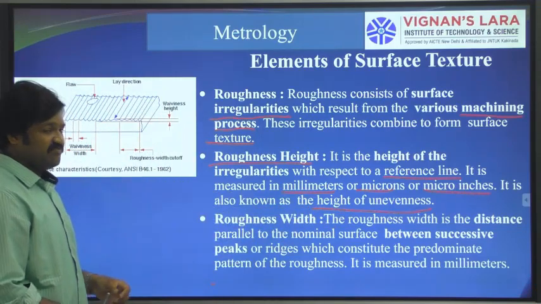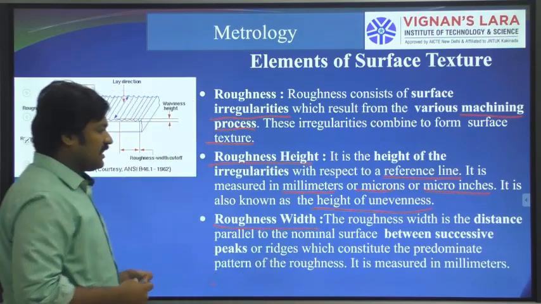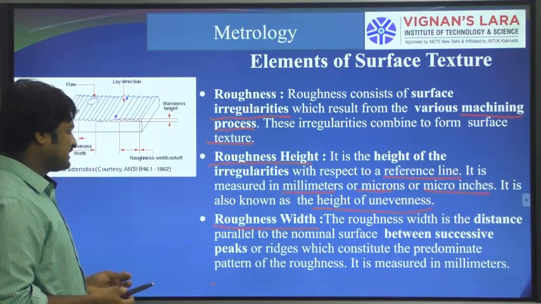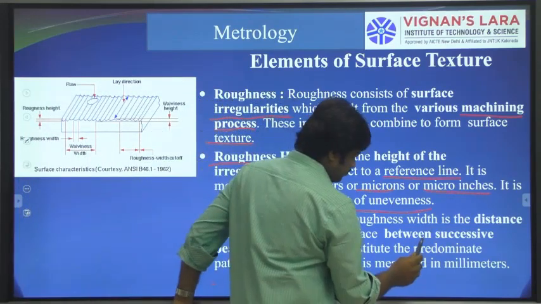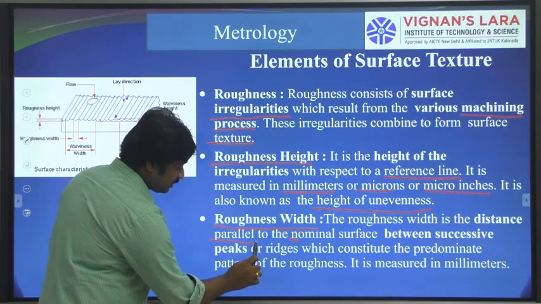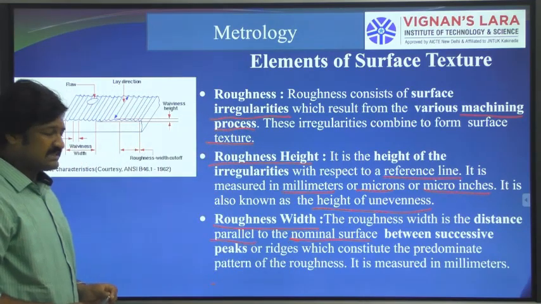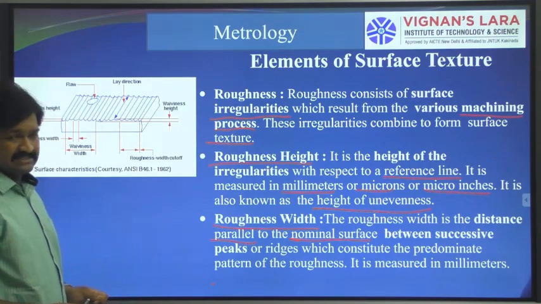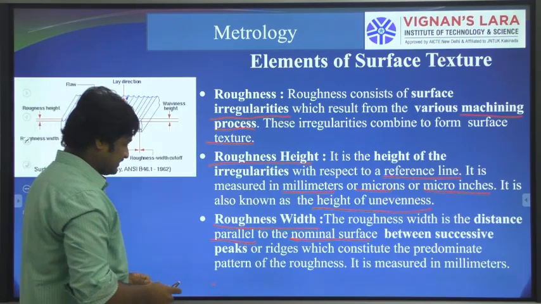Next, roughness width. The roughness width is the distance parallel to the nominal surface between successive peaks or ridges which constitute the predominant pattern of the roughness.